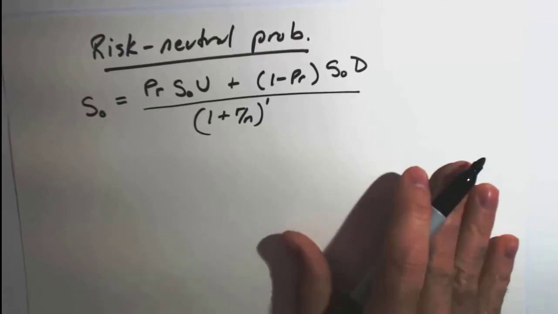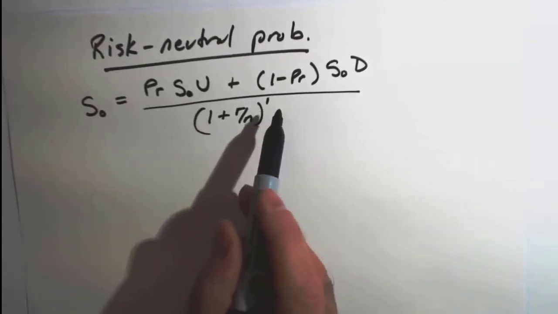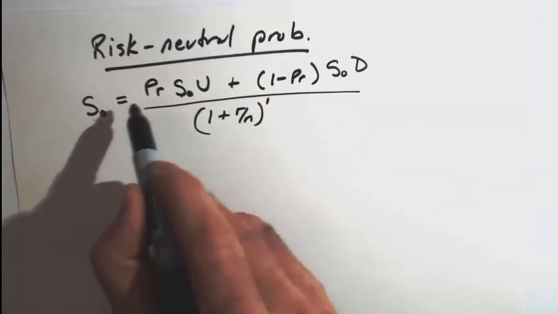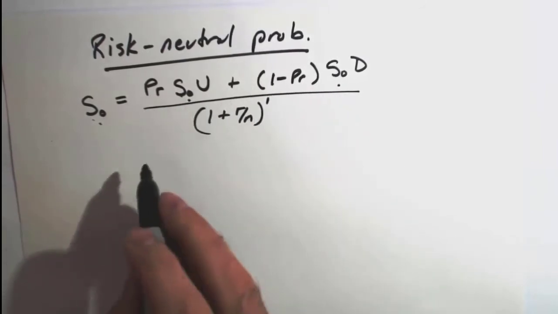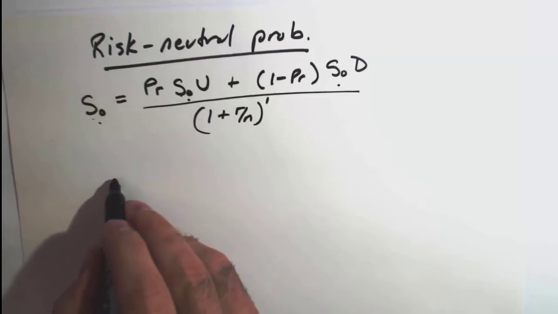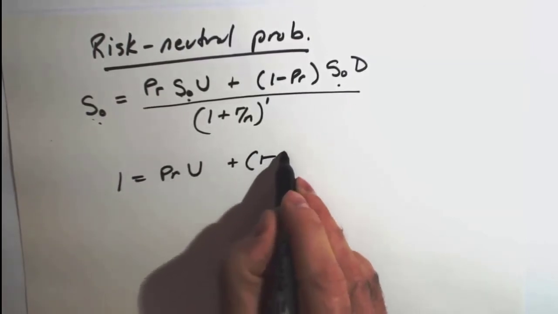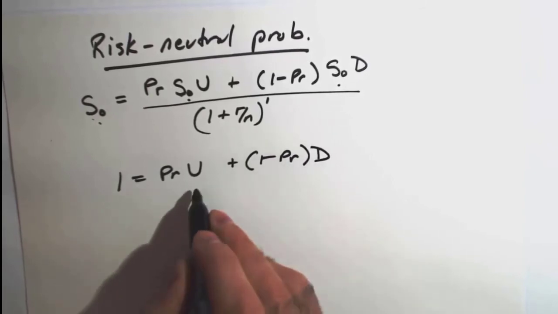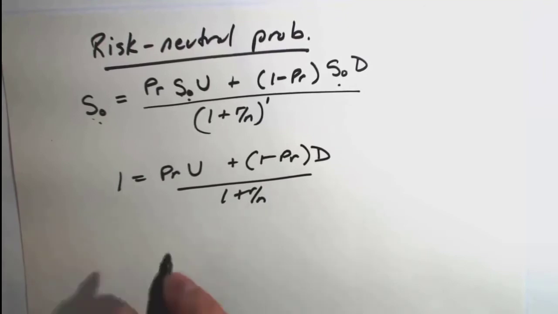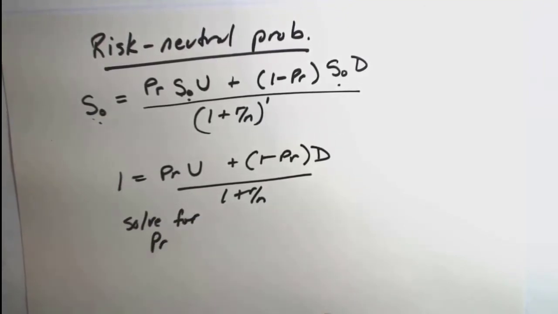So if we look at it this way, when you look at this math, why don't we cross out the S's? Because S subscript 0, S subscript 0, and S subscript 0 means if we divide both sides by S subscript 0, we get 1 equals the probability of up plus 1 minus the probability going down, divided by 1 plus R to the N. Solve for PR.